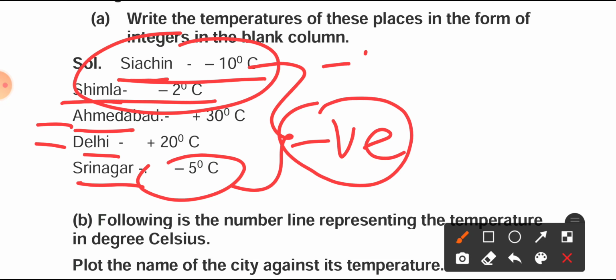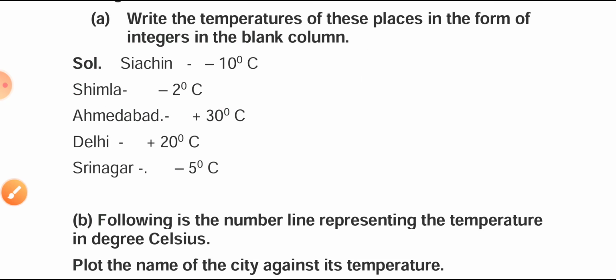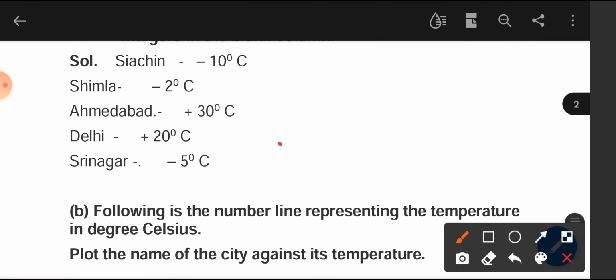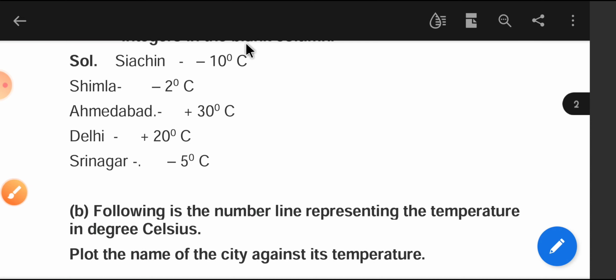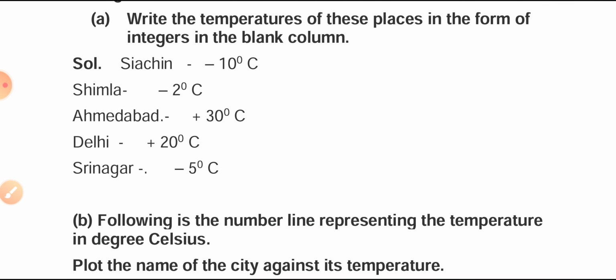Now you have to compare minus 10, minus 2 and minus 5. Out of these you have to find the lowest integer. Which is the lowest number among minus 10, minus 2 and minus 5? Compare this.